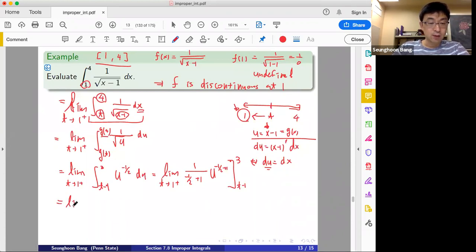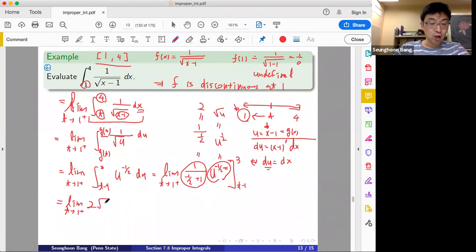So this is taking the limit as t approaches 1 from the right. Negative 1 over 2 plus 1 is 1 over 2, so this one is 1 over 1 over 2, just flip, only 2. U to the minus 1 half plus 1 is u to the positive 1 half, the square root of u.